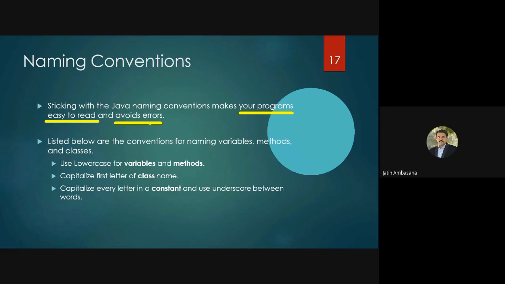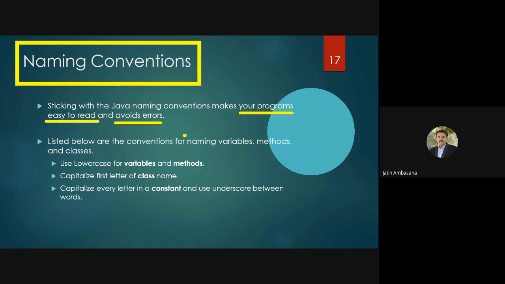It becomes very easy for anyone to read your program if you have followed the naming conventions properly. Naming conventions are to be followed when you name variables, methods and classes.